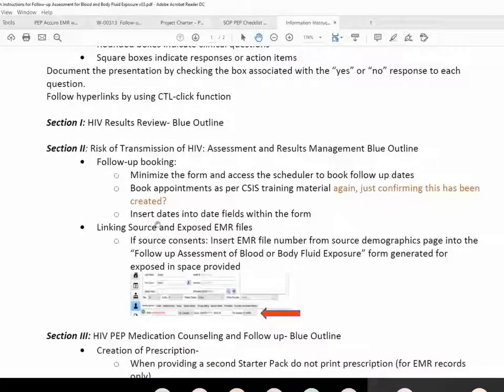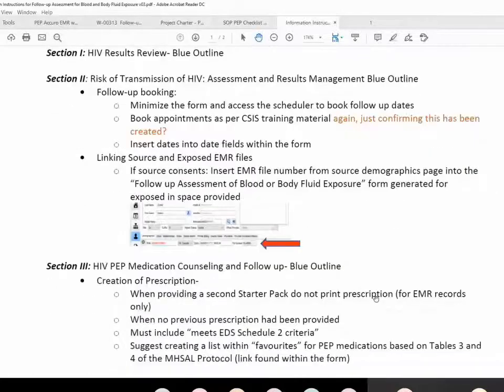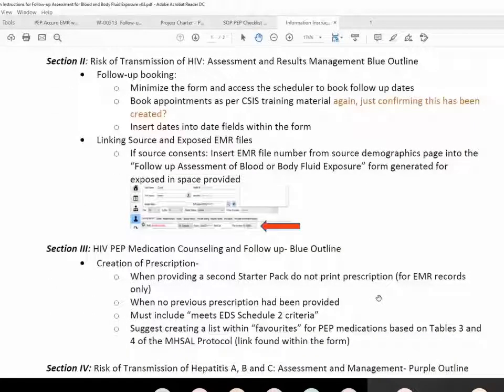Linking the source and the exposed chart is also found in the instruction sheet, pointing to the file numbers so that you are aware of which number we're talking about, and linking those charts together.